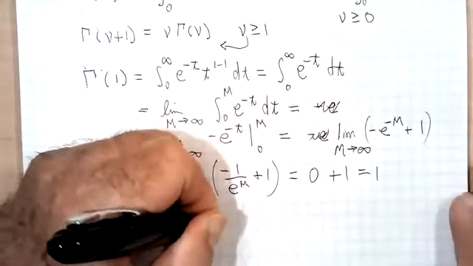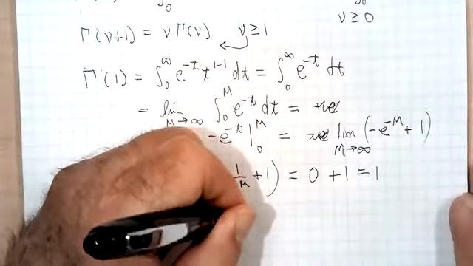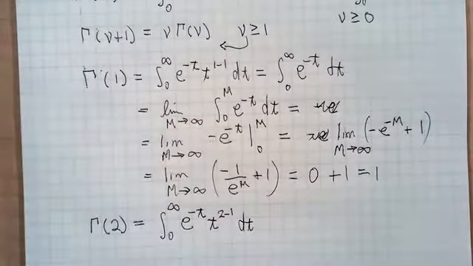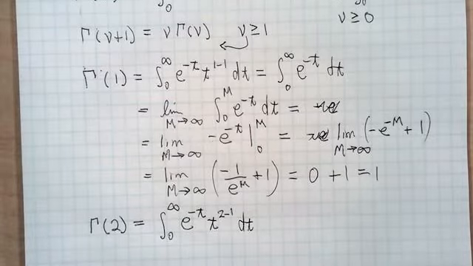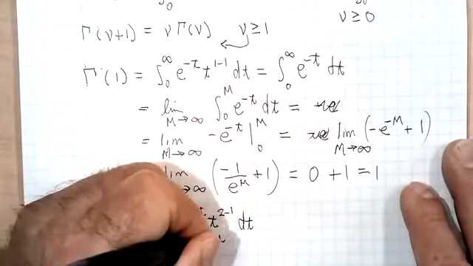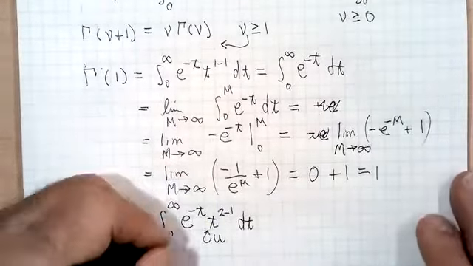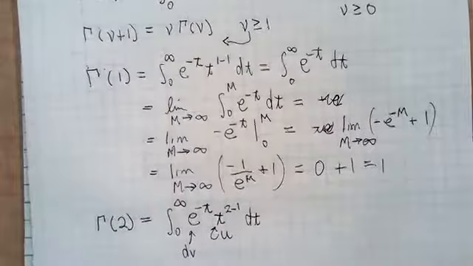So now we've got t to the 2 minus 1 dt. So it's just t e to the minus t. So this is a classic integration by parts problem from calculus, right? So probably you'd call this part u, t to the 1, and this part e to the minus t times dt.